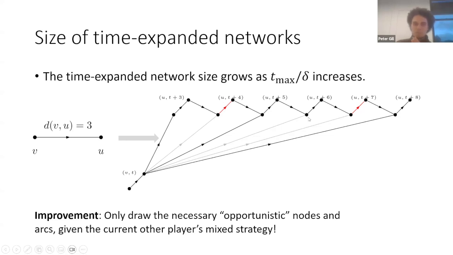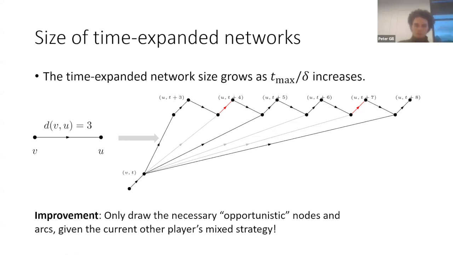So I should always choose to travel slower, departing from t+5, than going along the gray arcs and departing there. The big thing is I only need to draw these, I call them opportunistic nodes and arcs, given that I get to assume the other player is playing some mixed strategy.